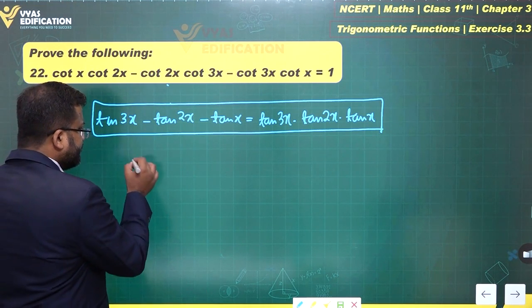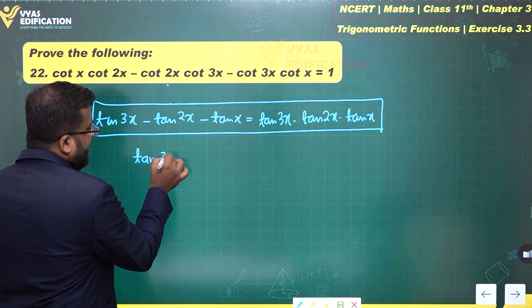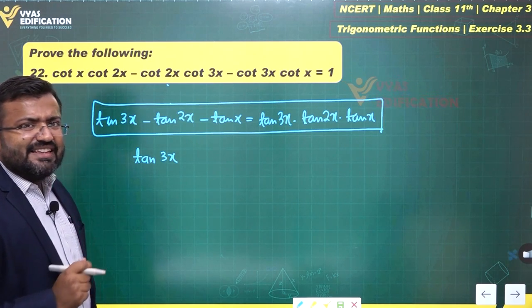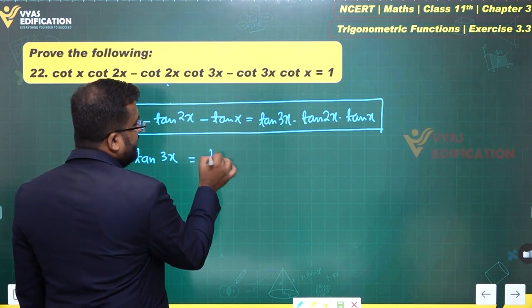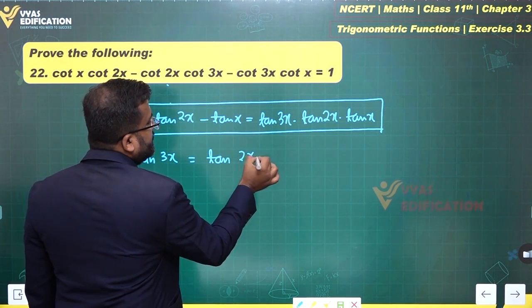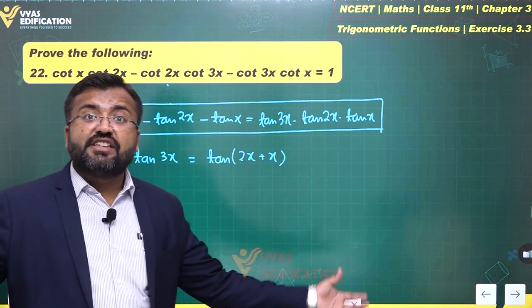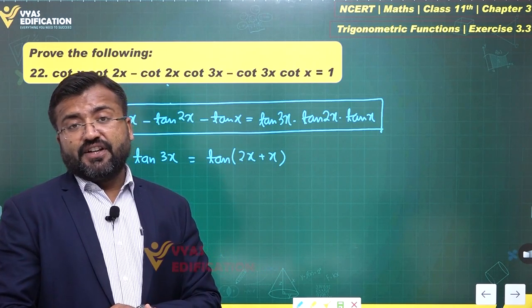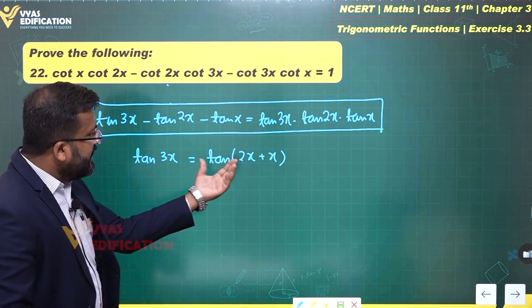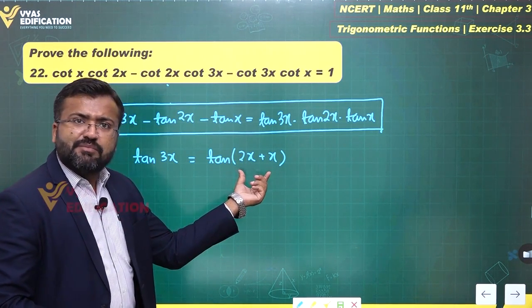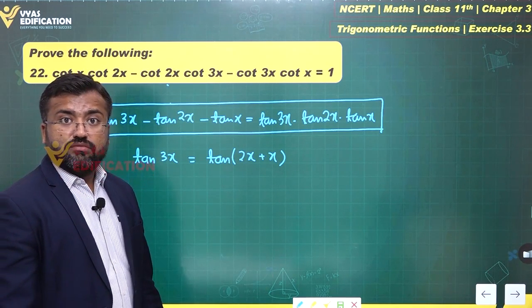What is that? Do you observe that I can write tan 3x as nothing but tan of 2x plus x? What's so special in this? There's nothing special in this, but after I write this, I can maybe apply the formula of tan a plus b over here, right? Will that be possible?